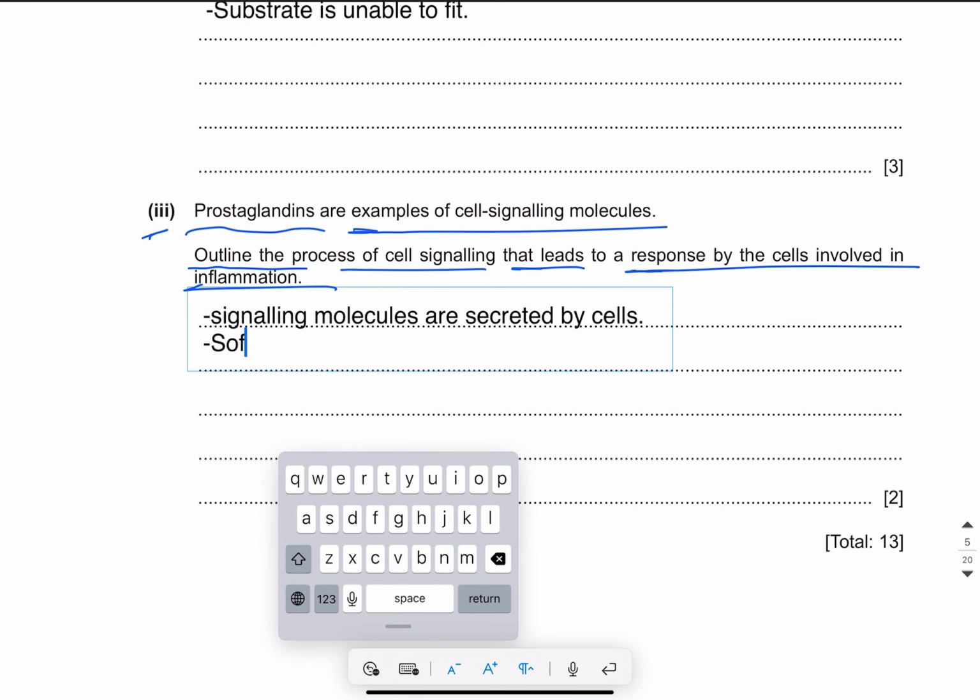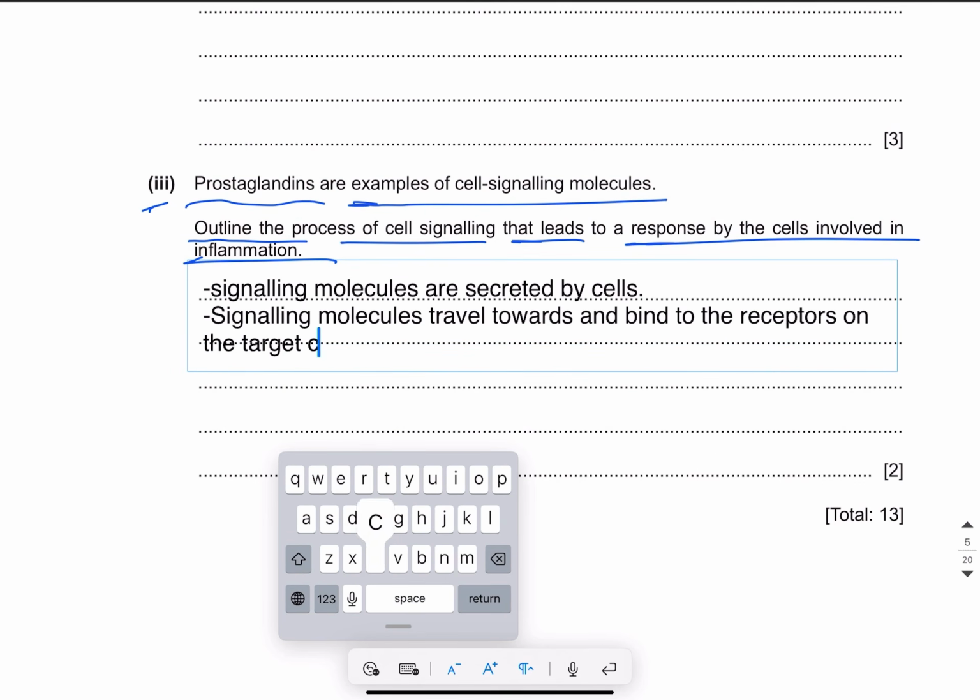Signaling molecules travel towards and bind to the receptors on the target cells.